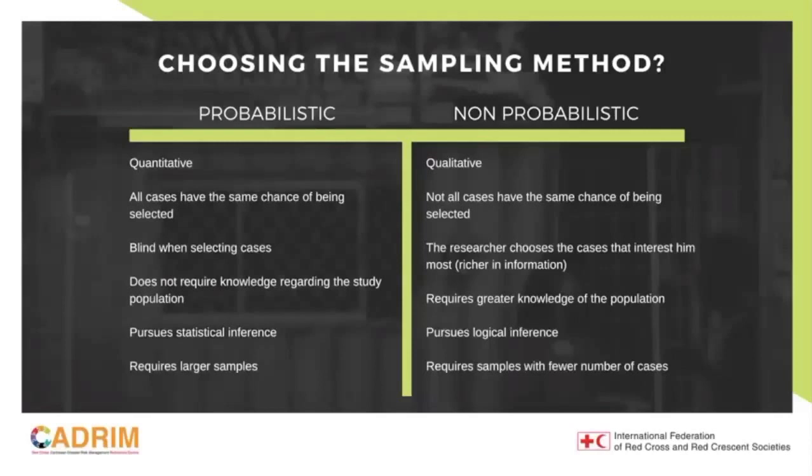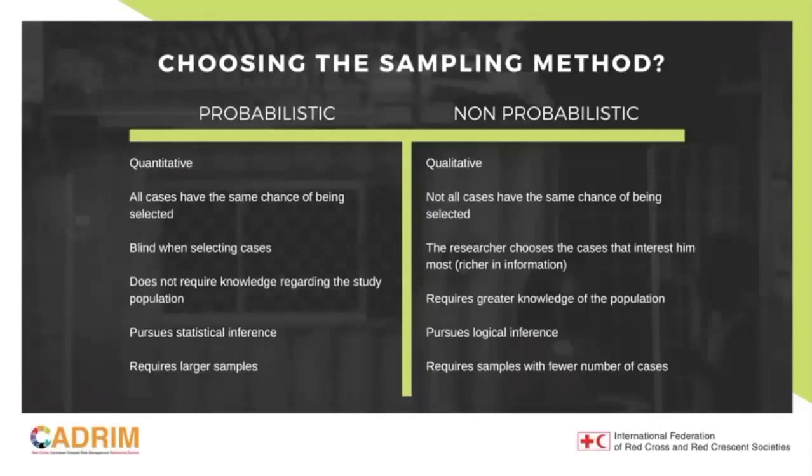But if you are thinking about a household survey, or a survey that you want to implement to have an idea of what is happening in the community, what the situation is, you are thinking more about choosing a probabilistic sampling method, which is more for quantitative studies.